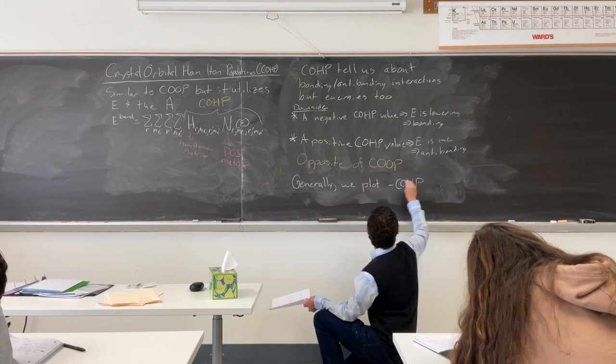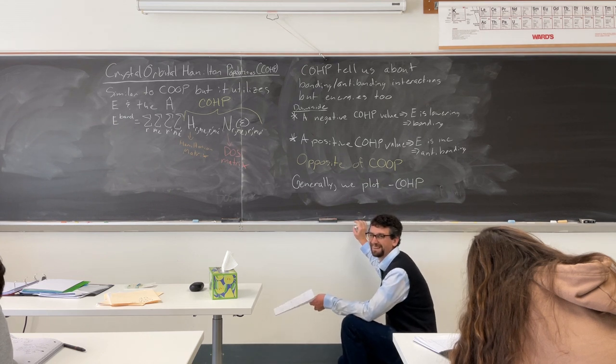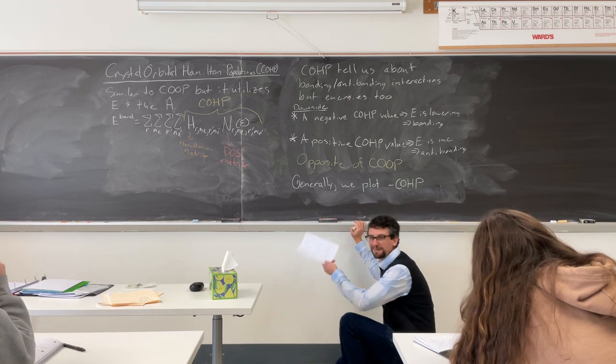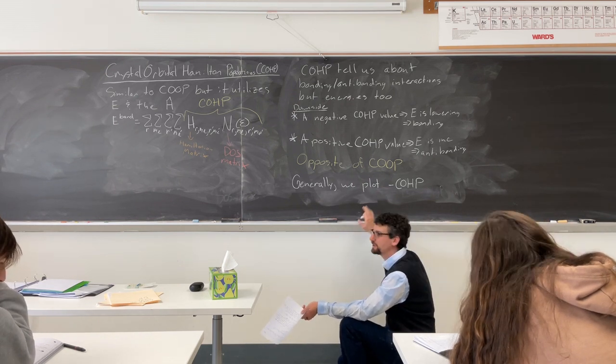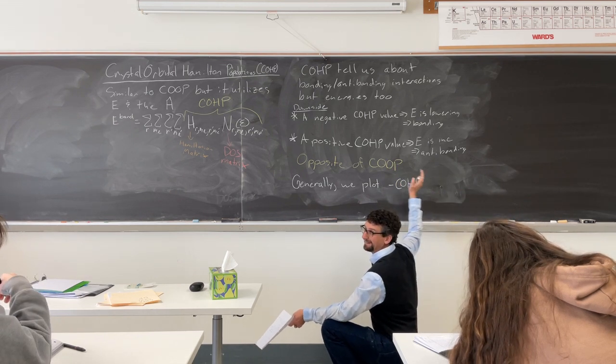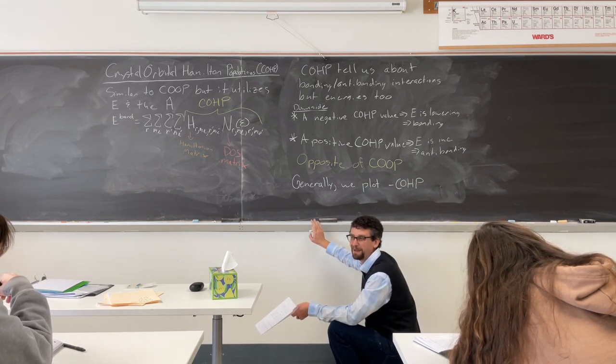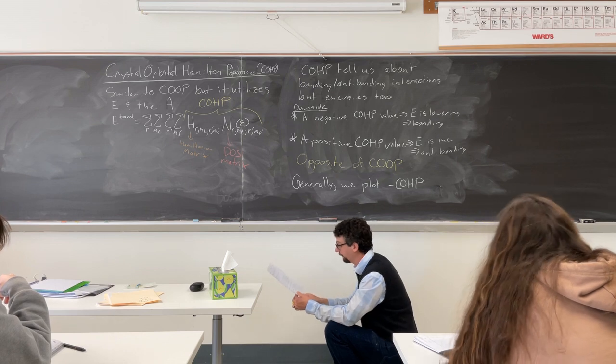I feel like having negative COHP is worse than just having it be on. Yep. Like if we were trained to start this way, then we wouldn't worry about it. But the community has gotten so attached to this direction being bonding, that direction being anti-bonding. That's what we plot.